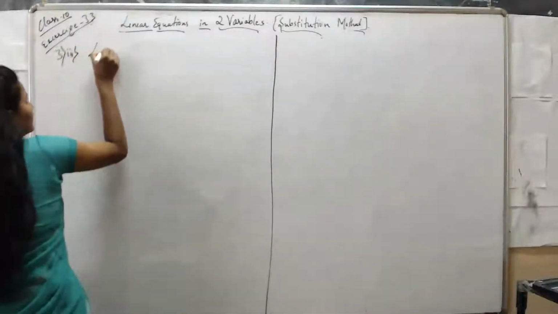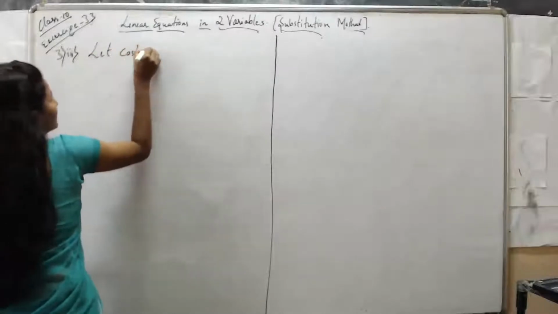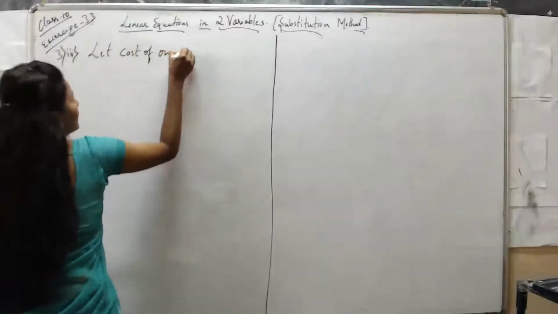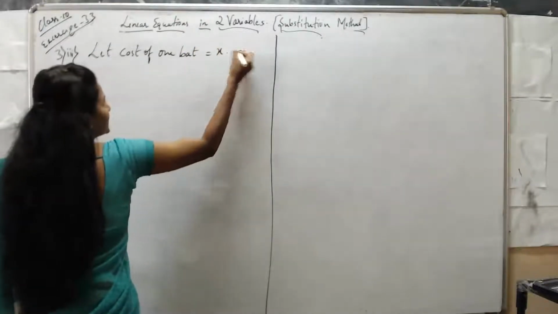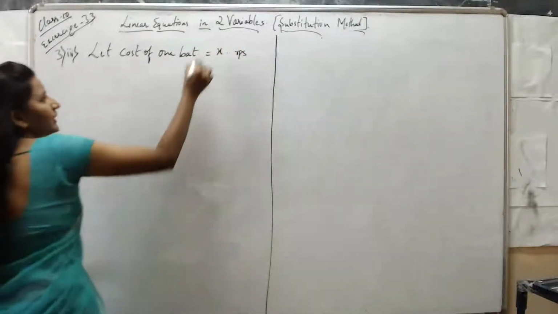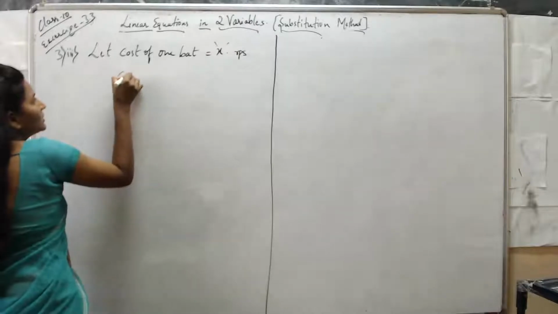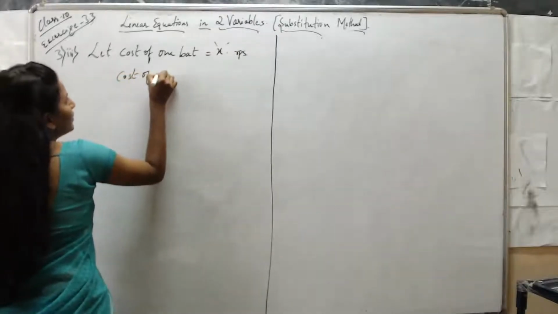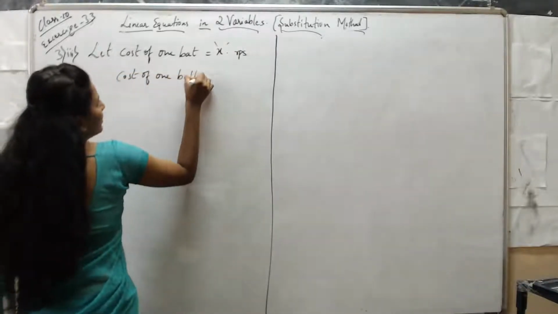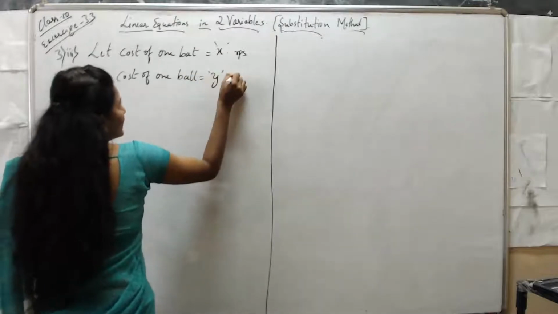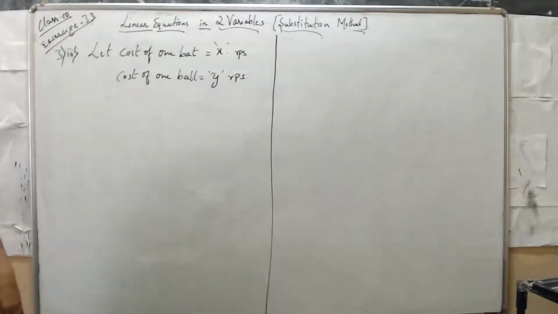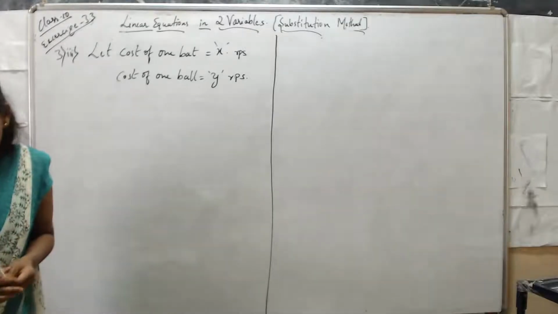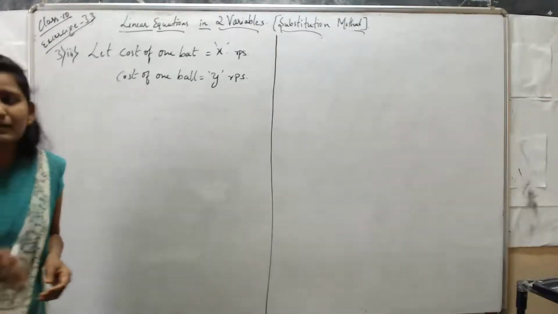Let the cost of 1 bat be x rupees, however you want, you can write. And the cost of one ball is y rupees.